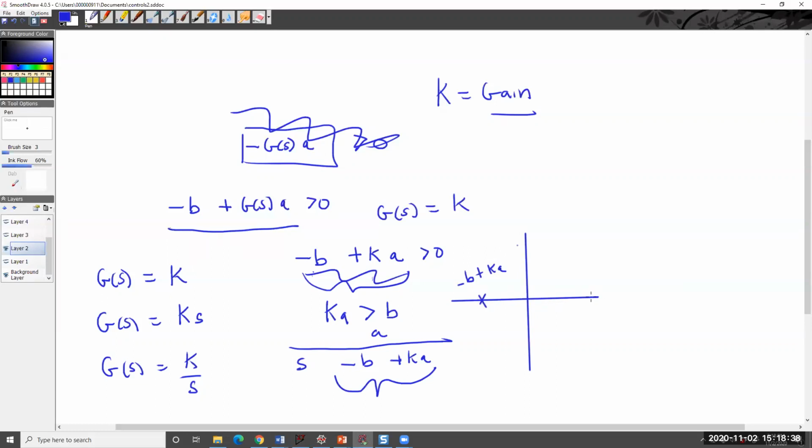The new pole is here. The old pole, and I've drawn them symmetrically, but I just have to get it. So we started here and we kept changing k until we got over here.